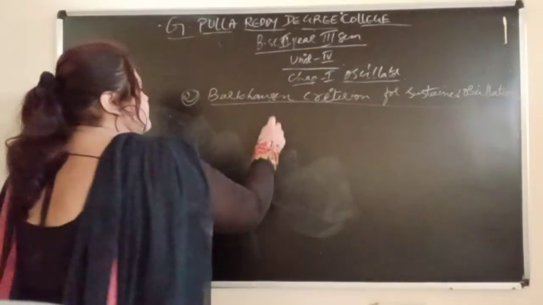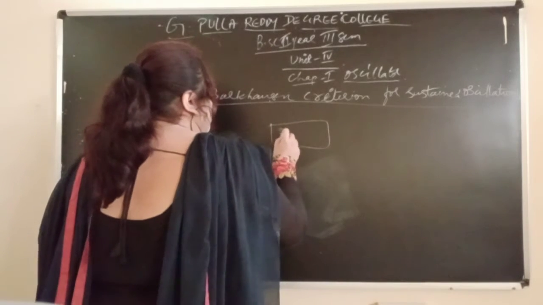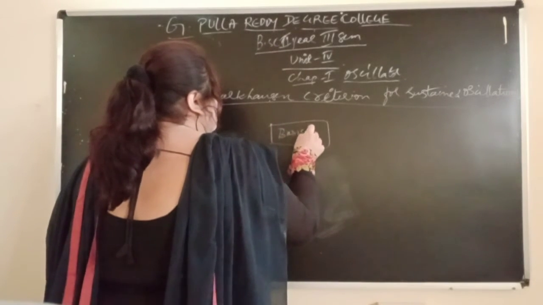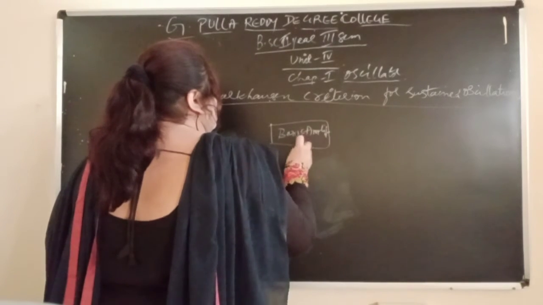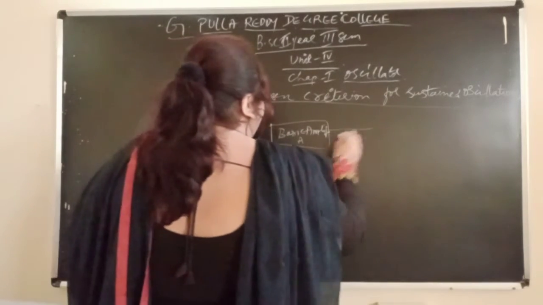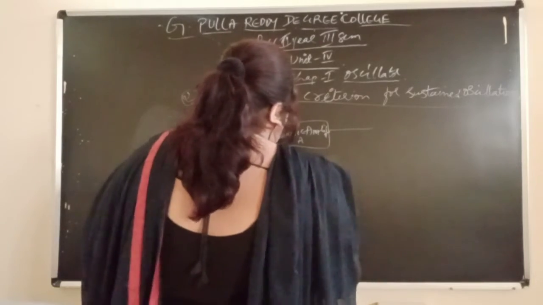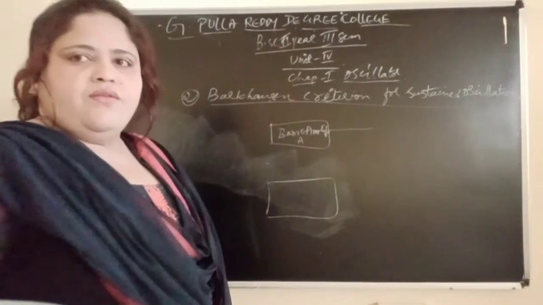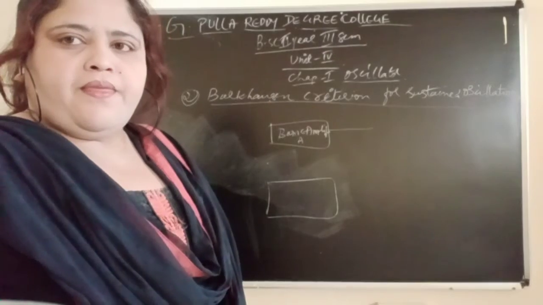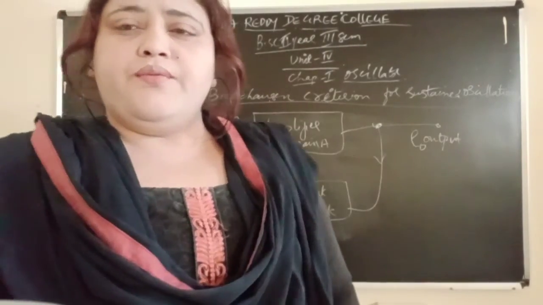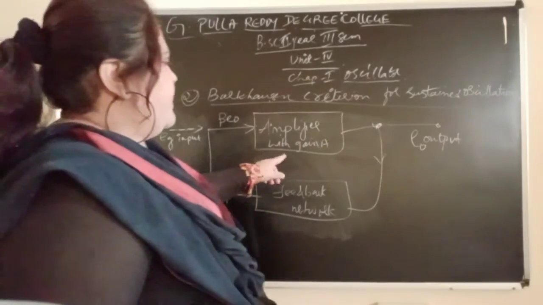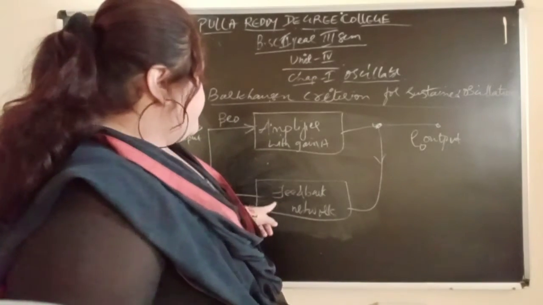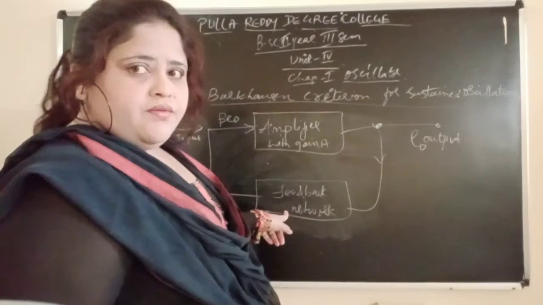So here I will draw one basic amplifier with gain A. Then I will draw one feedback circuit. Now we have drawn the circuit of amplifier with gain A. Then the feedback network.